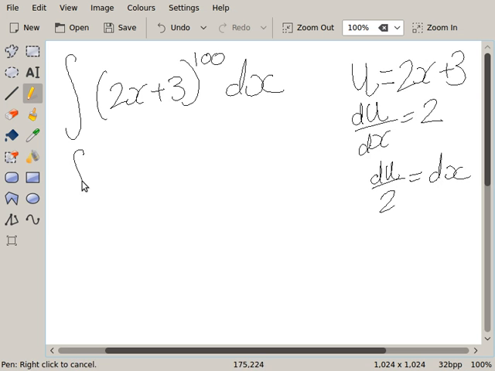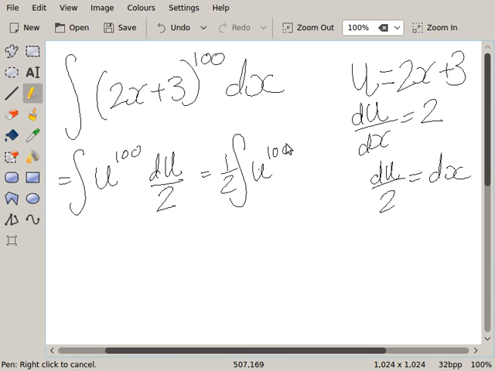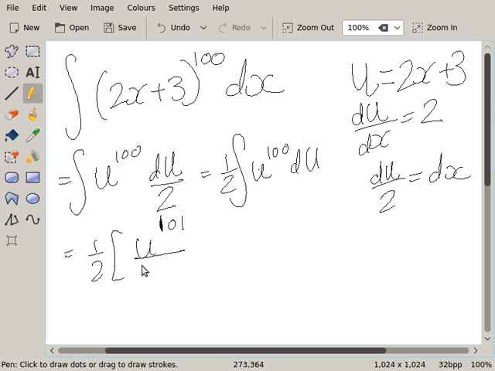So if I go back here, this would be u power 100 du over 2. So this would be a half u power 100 du. That would be a half u power what? 101 over 101, yes, plus c.